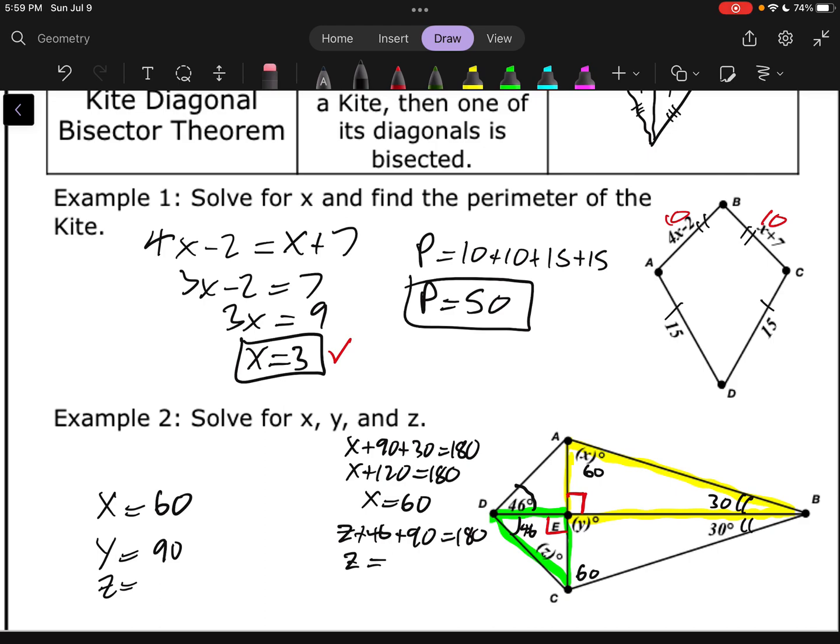That's z plus 136 is equal to 180. Oh, I put an equal sign and a plus. So subtract the 136, and I get that z is 54. No, I'm sorry, that should be 44. No, it's 54.